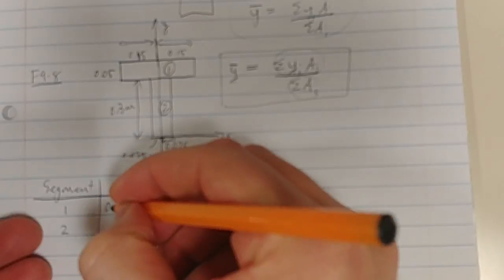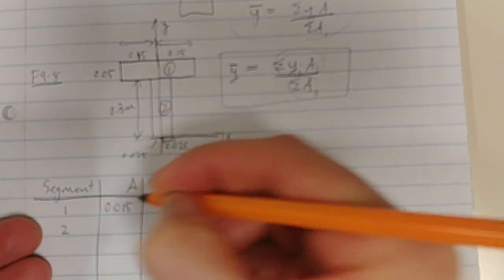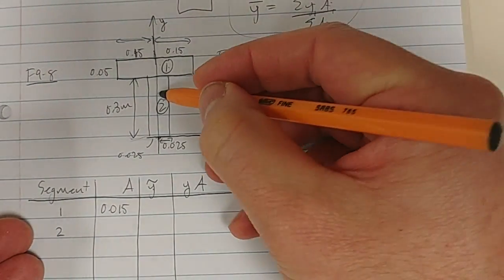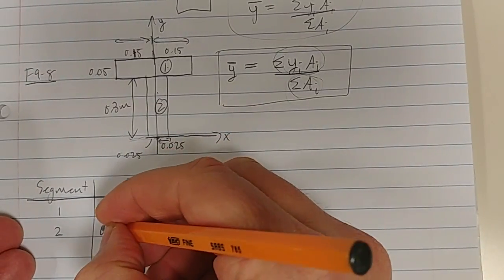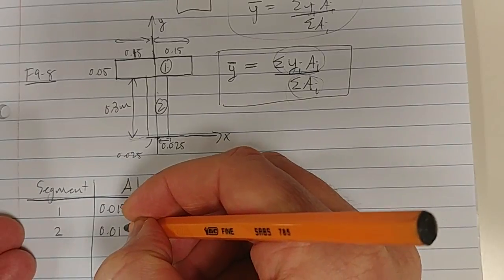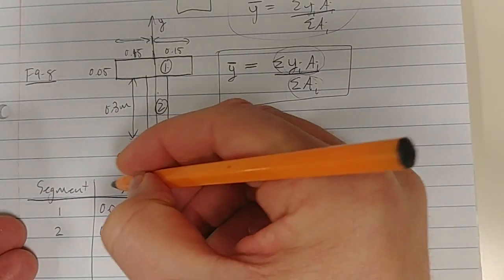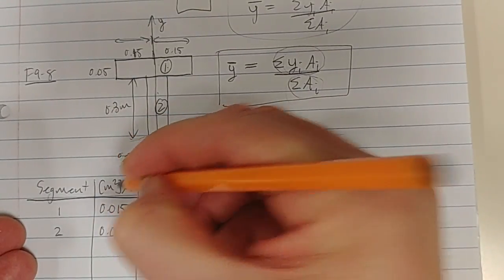So we have 0.015 squared meters. What is the area of element 2? It is 50 millimeters times 0.3, which is also 0.015, okay? And the units here are meters squared.